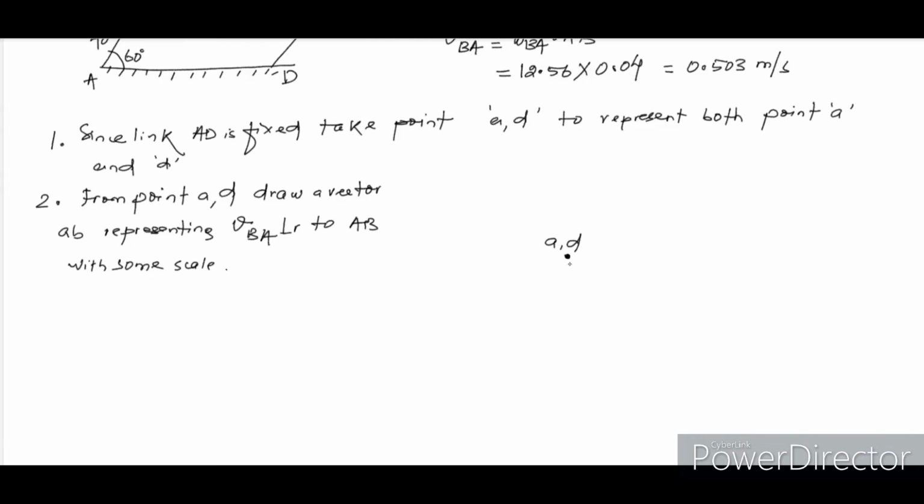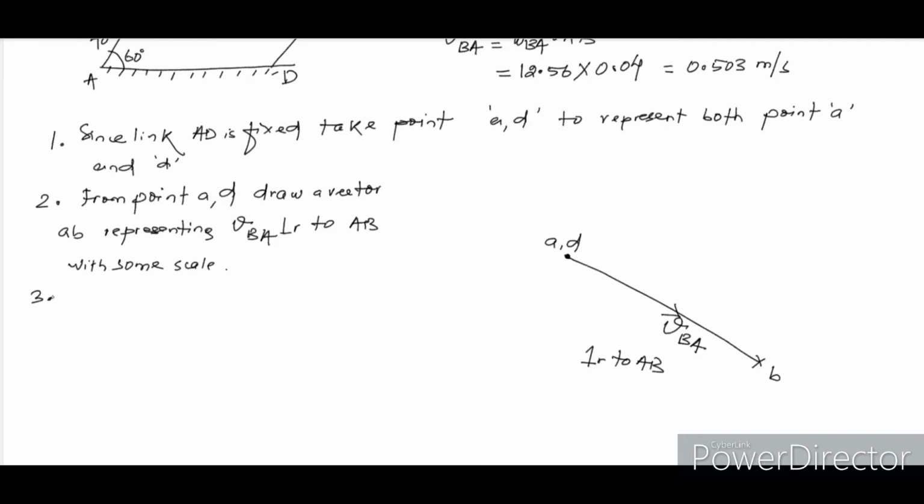So we'll draw that VBA, perpendicular to AB. Now we'll get our point B, because its magnitude is also known to us.